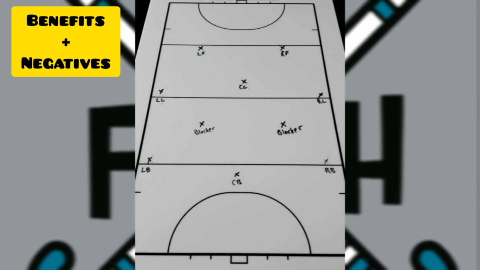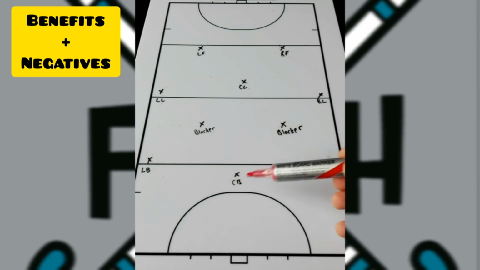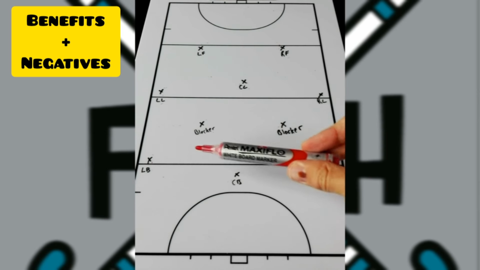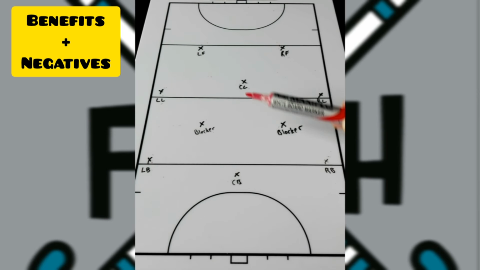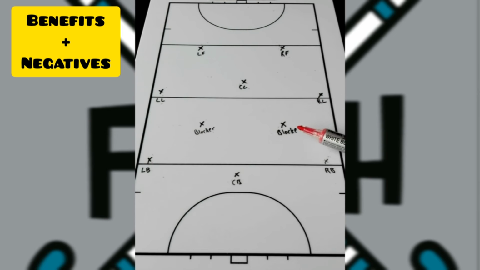Okay, benefits of this blocker system. As I said before, you will have 2 options in the middle to pass to. You will already have a good counter cover. If we go forward, you already have a good counter cover. It's less leg work in the midfield, as you have these 2 blockers that will prevent this link from running up and down to get the ball.